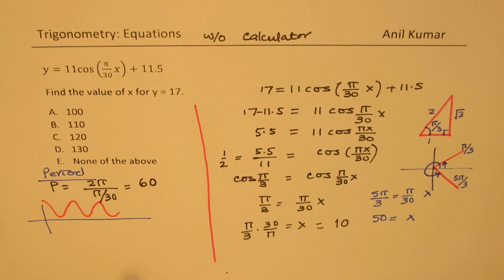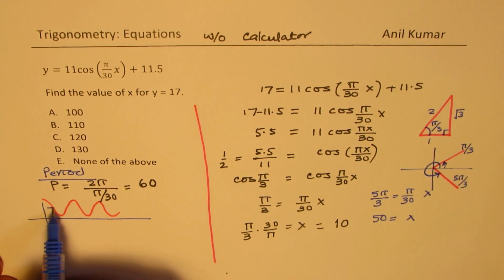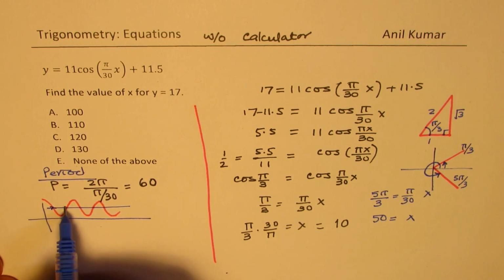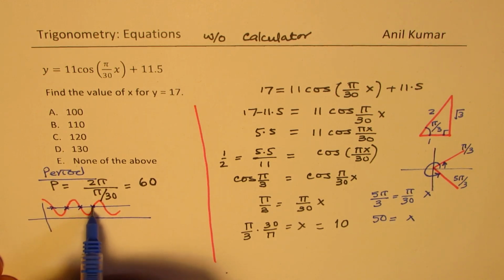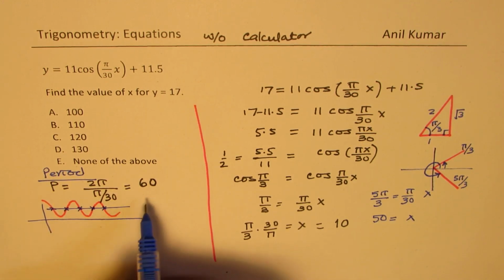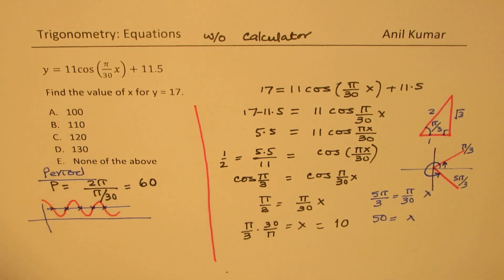So what we are noticing here is that these are all the values where we'll get our answer. We have to check which one is lying in the given domain. So we can add 60 to our answers to get the right solution.